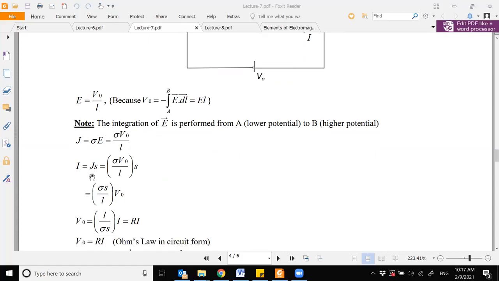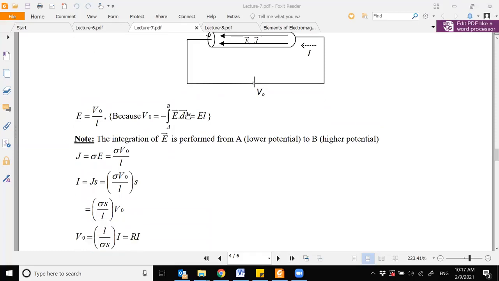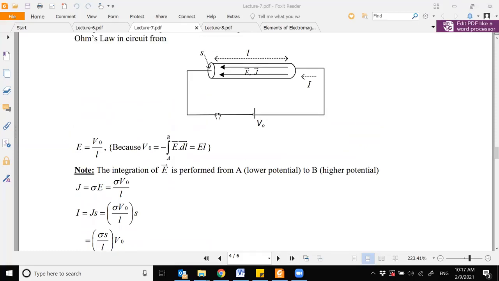Now I'm finding the current. The current which is passing through here is the J bar integrated over the cross section of this wire, which is S. So it is the integral of J bar dot ds.